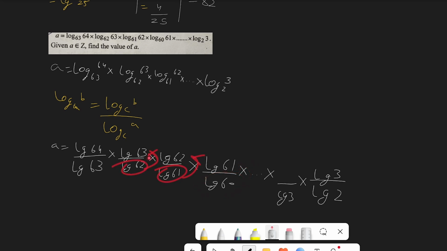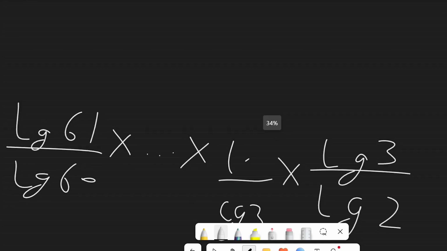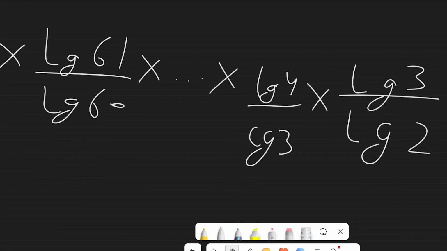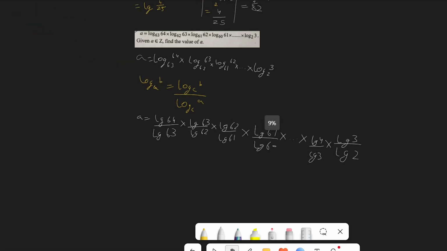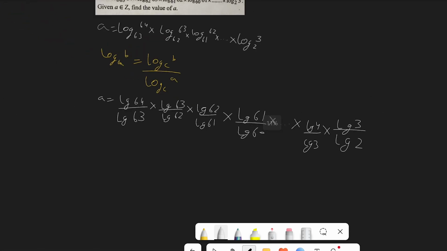So we are adding 1, so it would be LG3 plus 1, LG4. That is how we break it down.